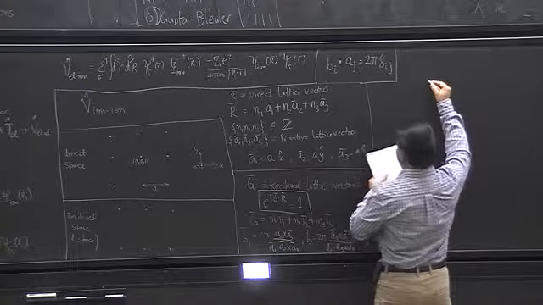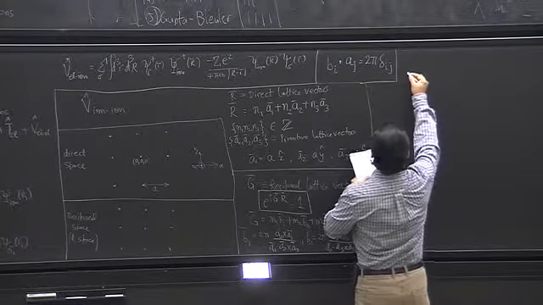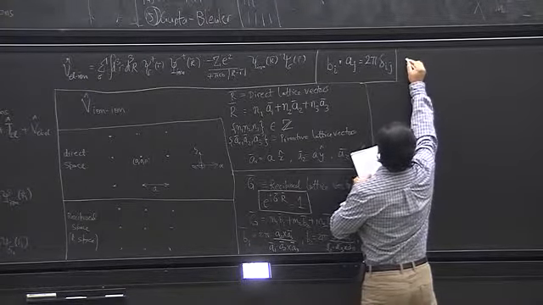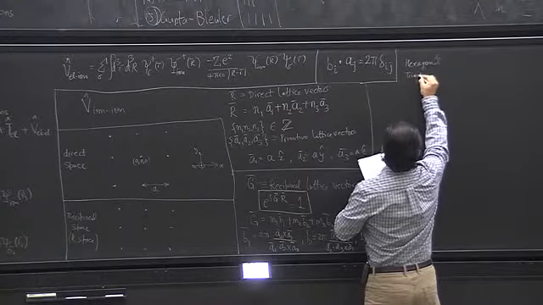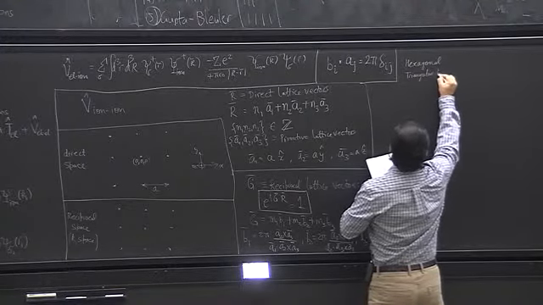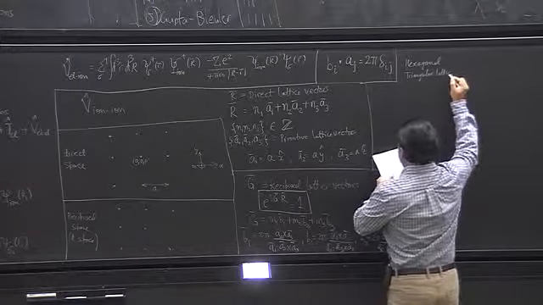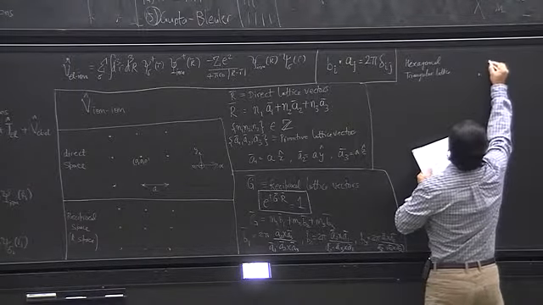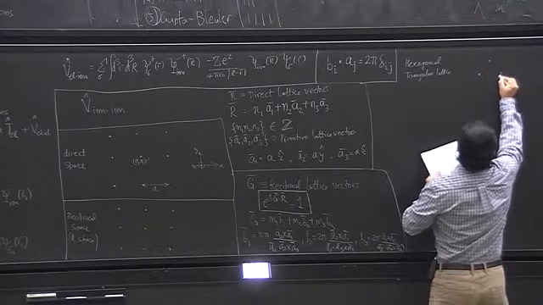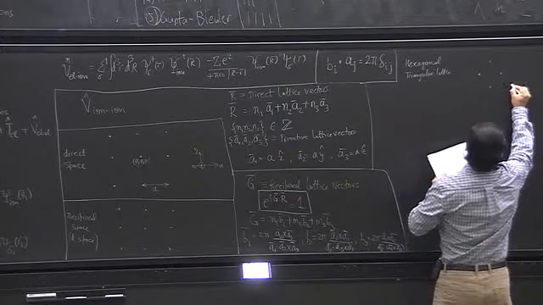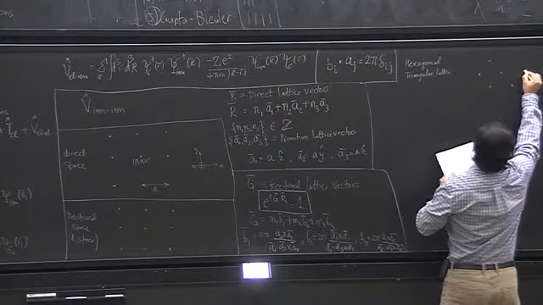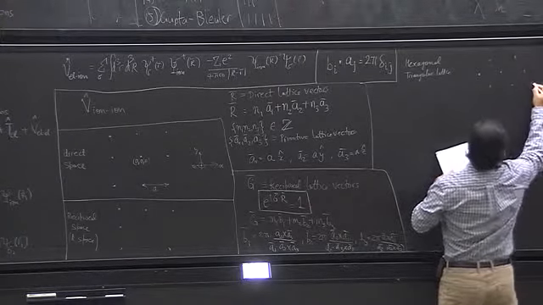So in 2D, let's consider what is called a hexagonal or triangular lattice. So what this really means is you have a triangular lattice like this, and so on.